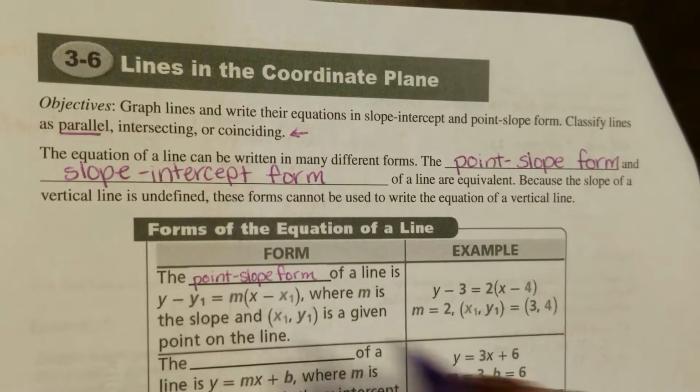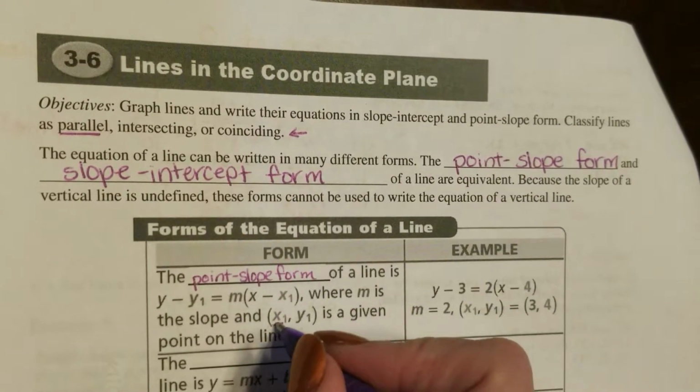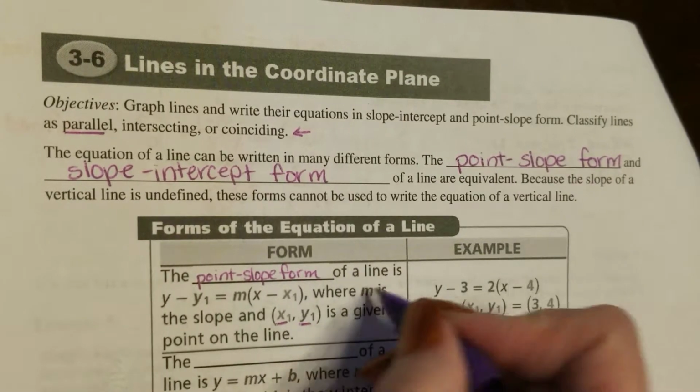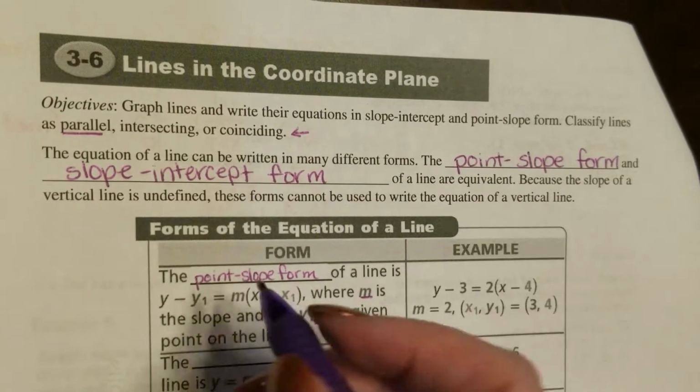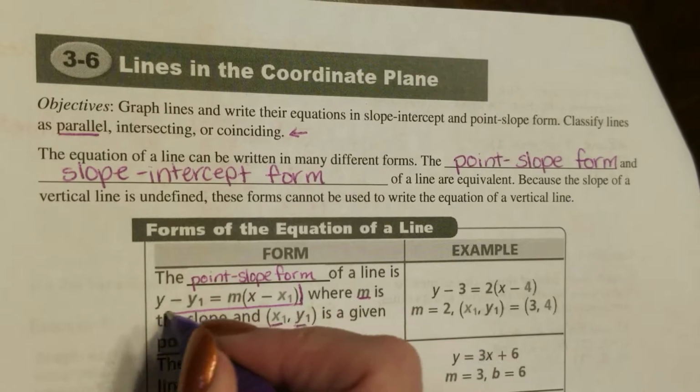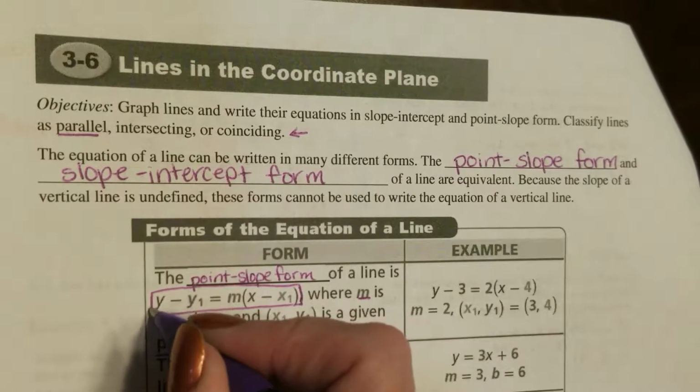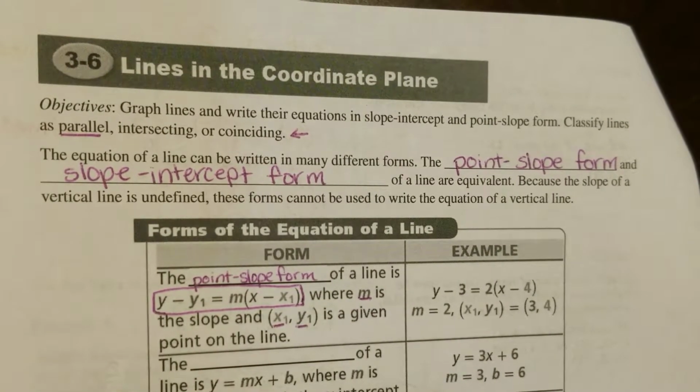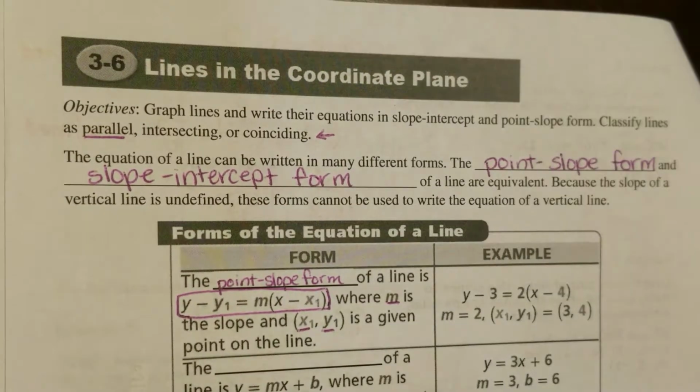Point-slope form is when we've got a point (x1, y1), and we have an m as our slope, and this is the formula that we're going to use for the point-slope form: y minus y sub 1 equals m times x minus x sub 1.